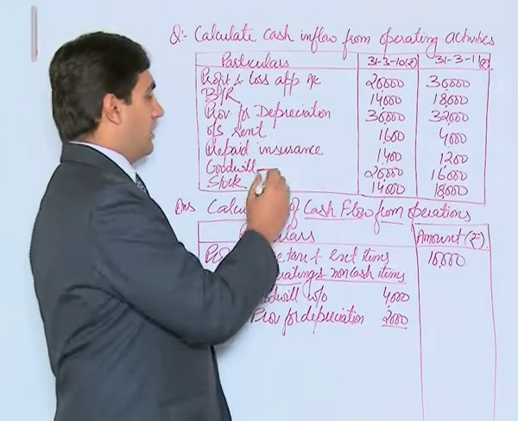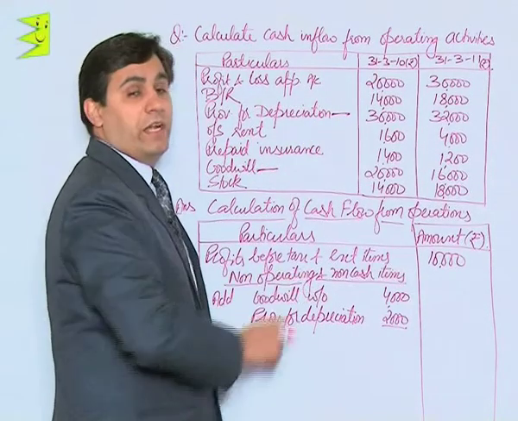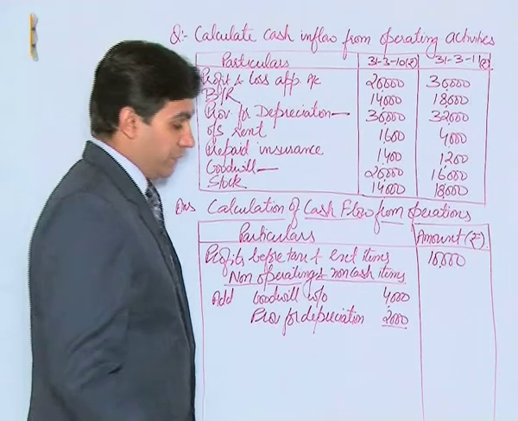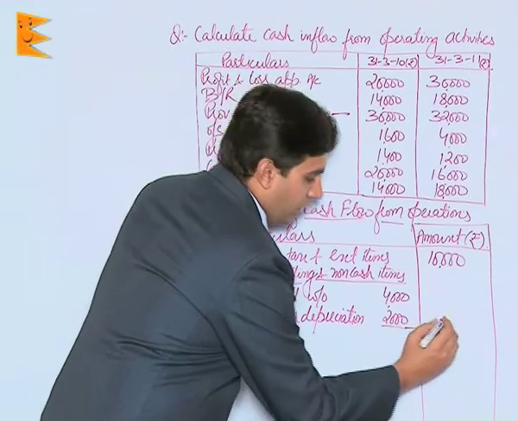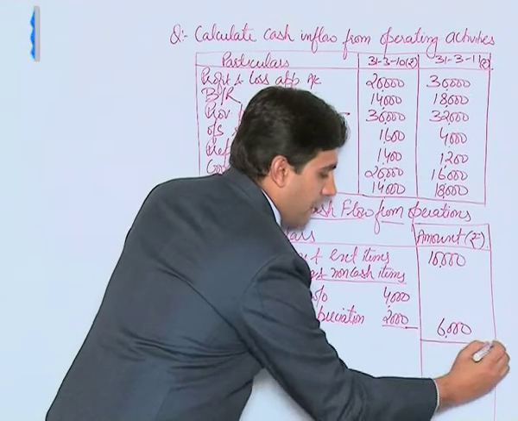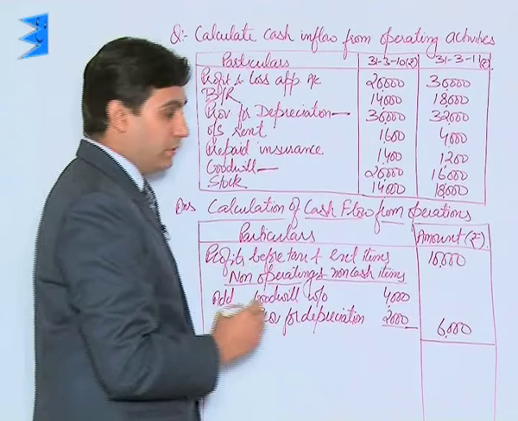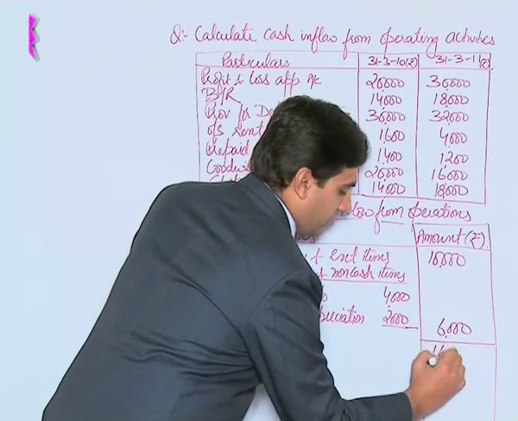Besides this, there is no other item which can be classified as non-operating or non-cash item. So the total comes to 6,000 for non-operating non-cash item, and this is when added to the profit before tax and extraordinary item, we get a total of 16,000.